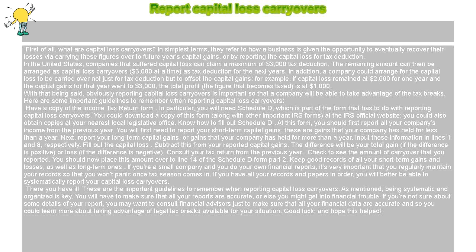These are gains that your company has held for less than a year. Next, report your long-term capital gains, or gains that your company has held for more than a year. Input these information in lines 1 and 8, respectively.